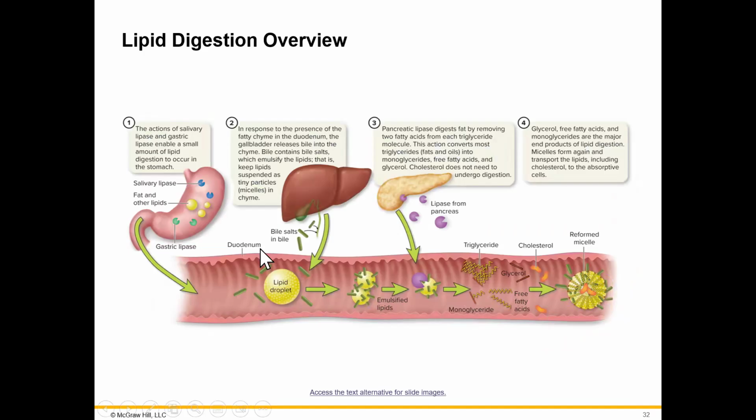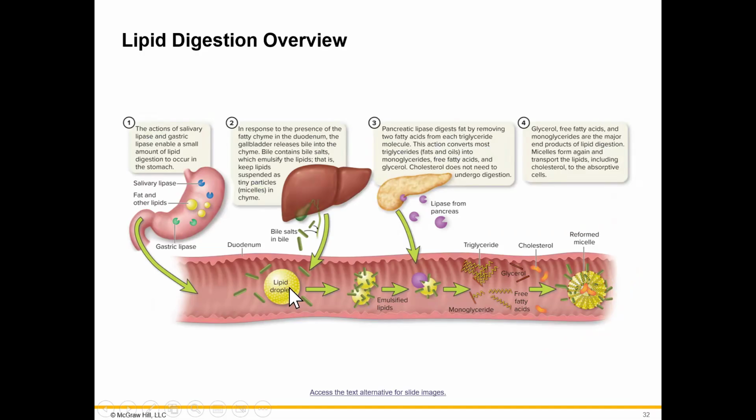This is a wonderful diagram from your textbook that shows the steps we just went through. You see the salivary lipase here, the gastric lipase here, entering into the small intestine, and the bile salts coming from the liver and the pancreatic lipase coming from the pancreas.